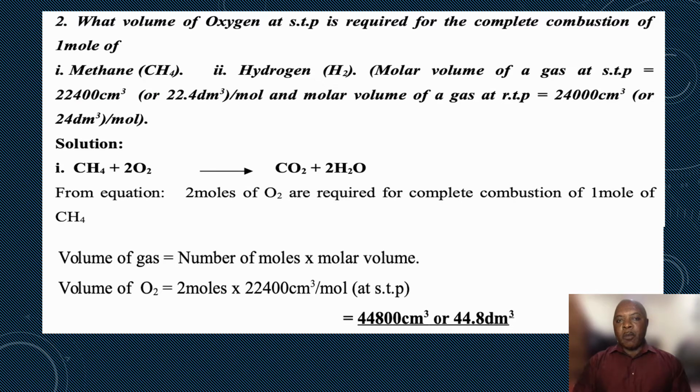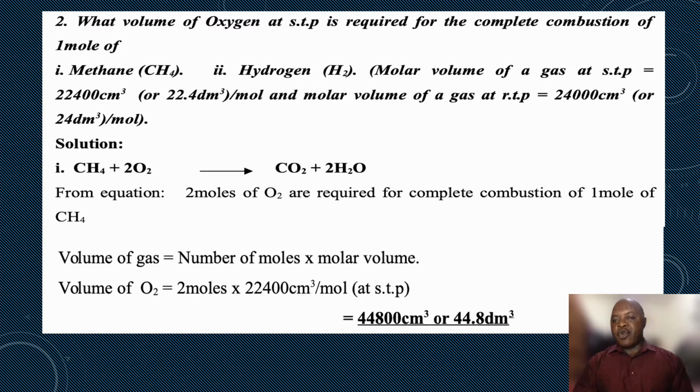Question number 2, we are now moving into the molar gas volumes. What volume of oxygen at standard temperature and pressure is required for the complete combustion of 1 mole of methane? 2. What volume of oxygen at standard temperature and pressure is required for the complete combustion of 1 mole of hydrogen?